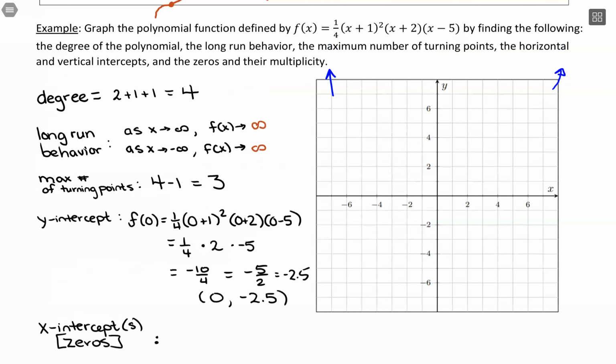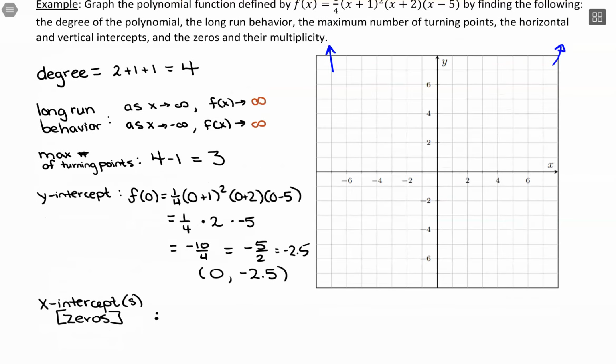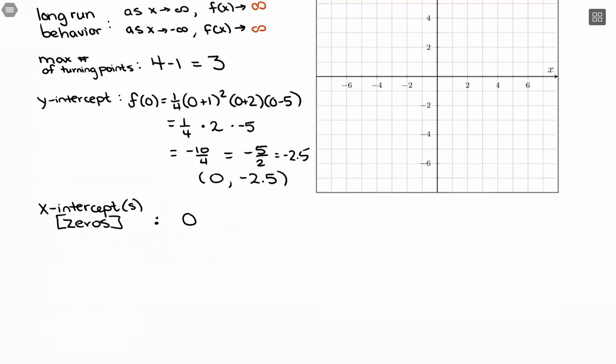What we're really doing is solving 0 equals 1/4, x plus 1 squared, x plus 2, x minus 5. From that, solving x plus 1 equals 0 gives us x equals -1, x plus 2 equals 0 gives us x equals -2, and x minus 5 equals 0 gives us x equals 5.